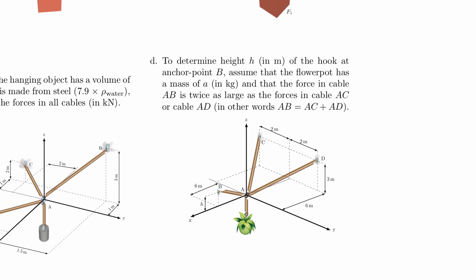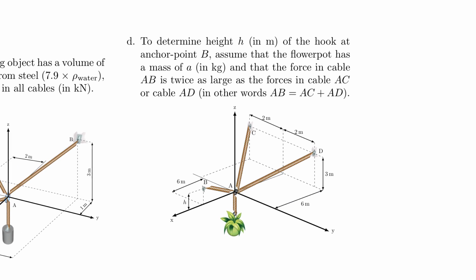Same is true for the last problem, where you have a planter given to you that has a certain weight and it's supported by this cable structure. And likewise, as before, you have symmetry that can help you to actually solve this problem.